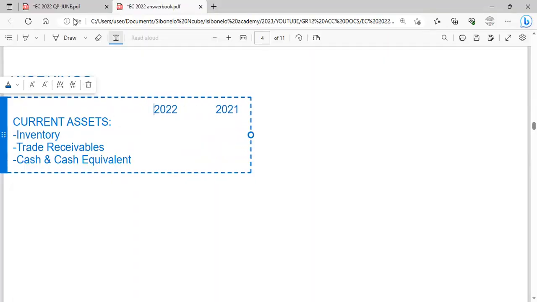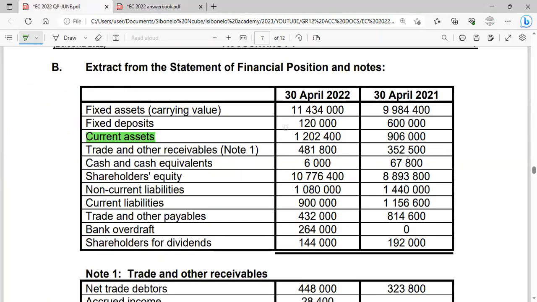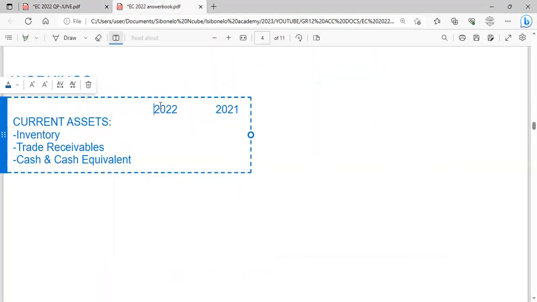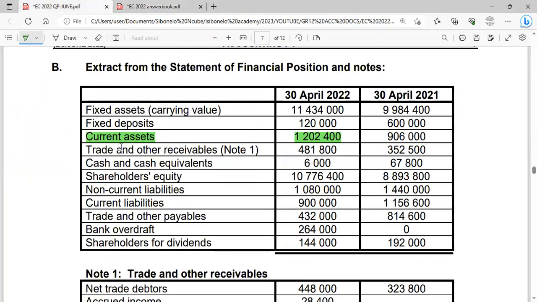So guys, we have current assets. The total is 1,202,400. So we're going to disclose this balance here, the total for current assets. We do not have inventory, so for now we don't know this one. We're going to put a question mark, as this is an unknown. Then we have trade and other receivables, and the balance is 481,800.